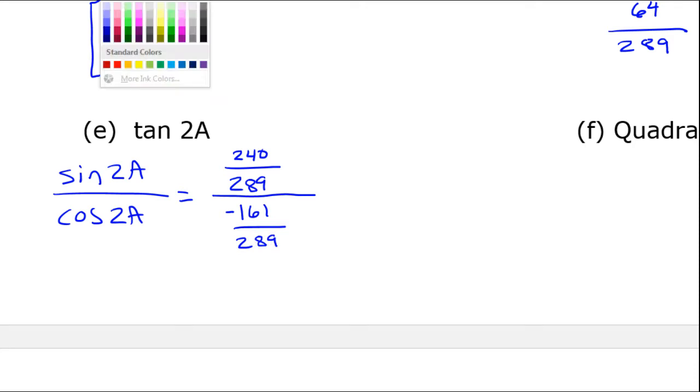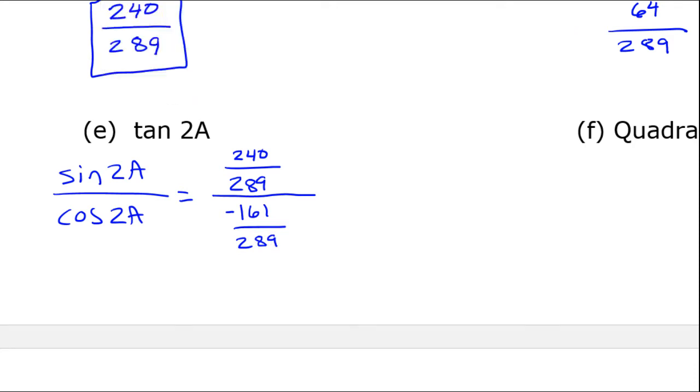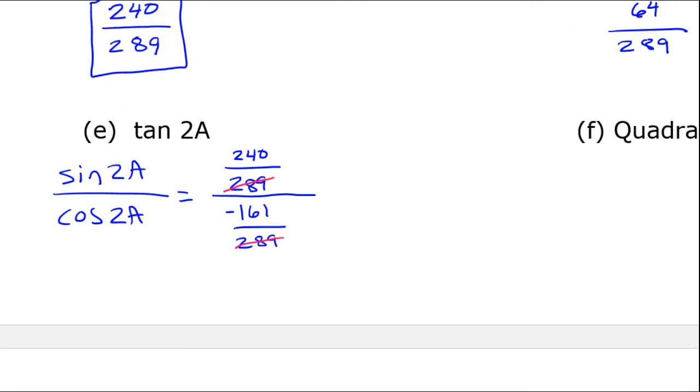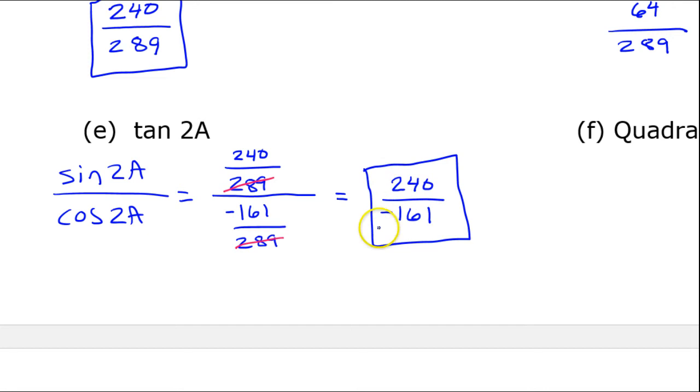Now, as a shortcut, I could multiply by the reciprocal, but see how these denominators are both the same? They're going to definitely end up canceling out. So I'm just going to be left with these numerators. So that's why the final answer for tangent will be 240 over negative 161. Okay, so that is the final answer for E.